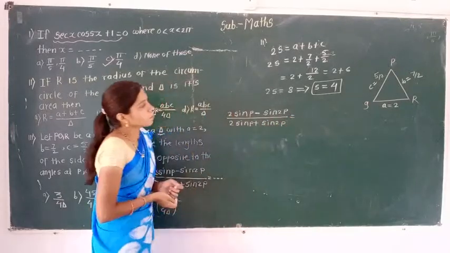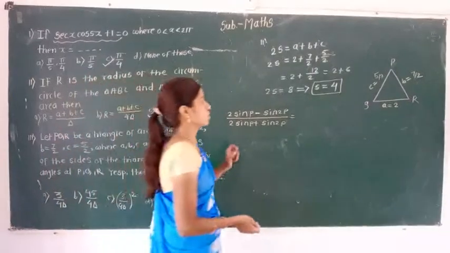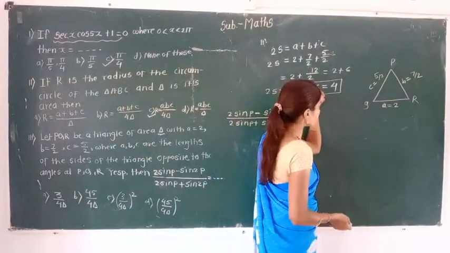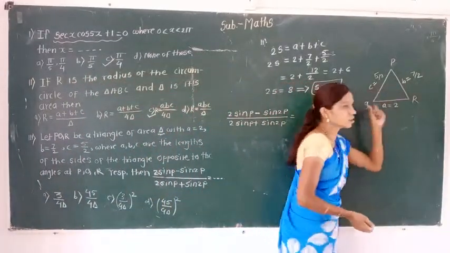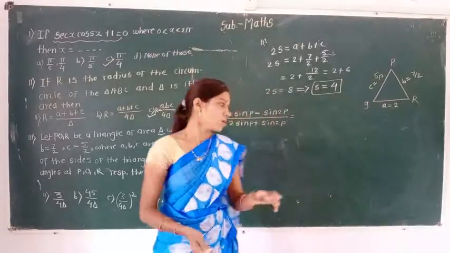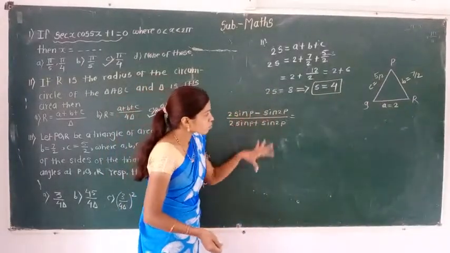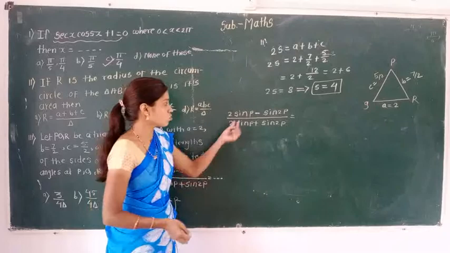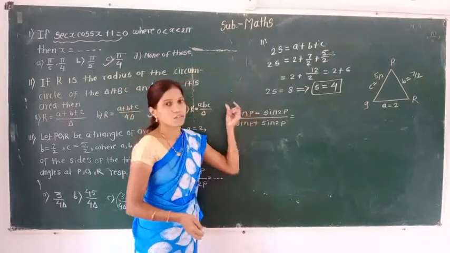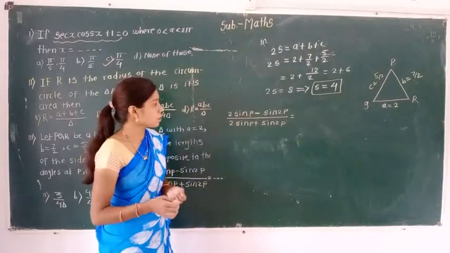We know the value of s, a, b and c. So first of all this term we will transform to the half angle formula, so P is transformed to the angle P by 2.